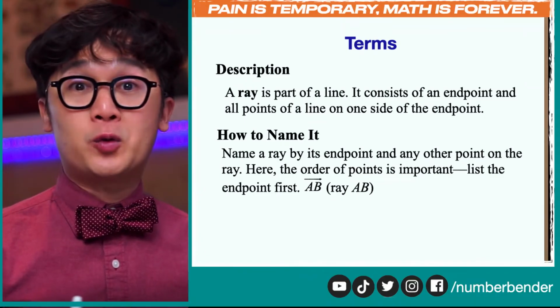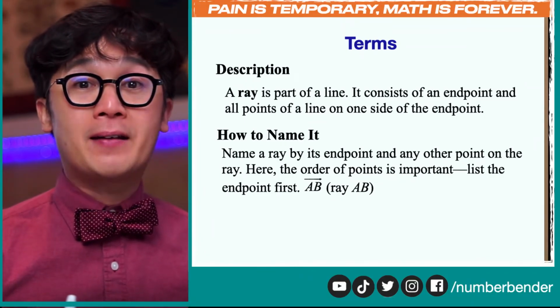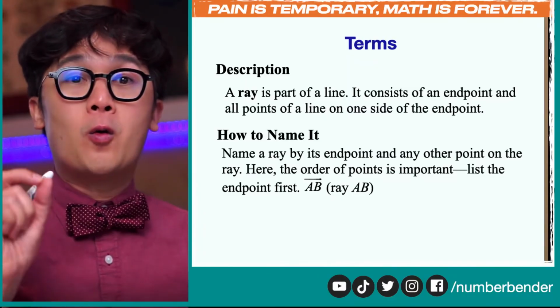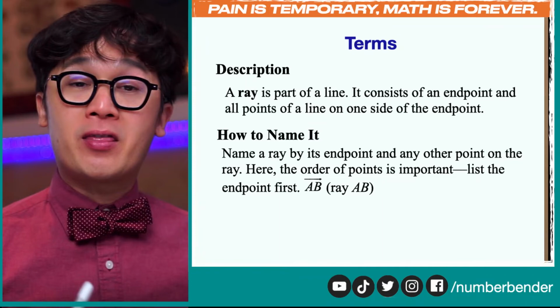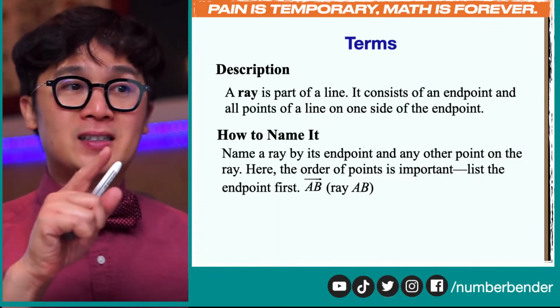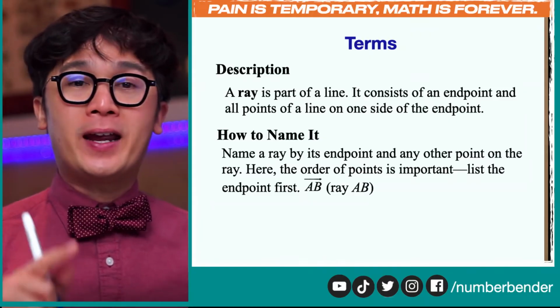Now, the difference between a ray and a line is that you cannot interchange the letters this time, because one of the letters represents the endpoint and the other one represents the non-terminating line. And that is how we use ray AB in this notation.